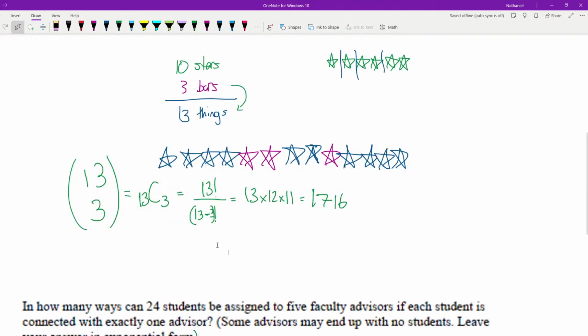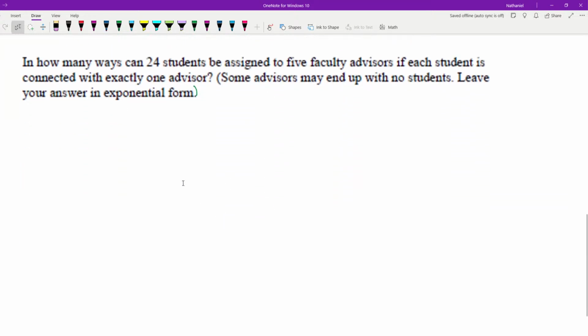We could sort of argue that once we get to this, it'll be a little easier because we have people here. 24 students be assigned to 5 faculty members. So from the student's perspective, what do we see? We have 5 choices to make, right?